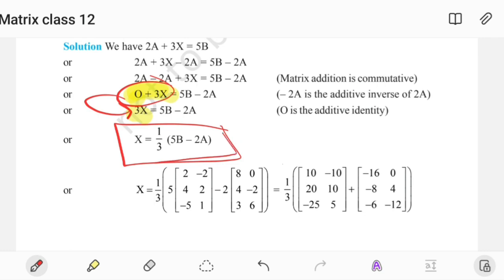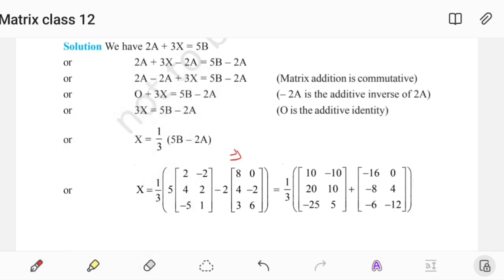Now this particular thing is very simple to do. Just simply multiply B matrix with the scalar 5, multiply matrix A with the scalar minus 2, and add them. What do I get by adding them?